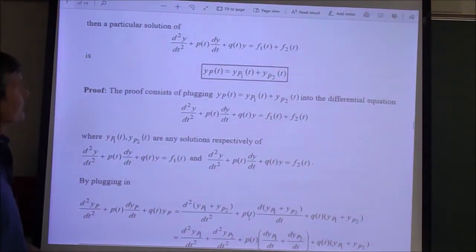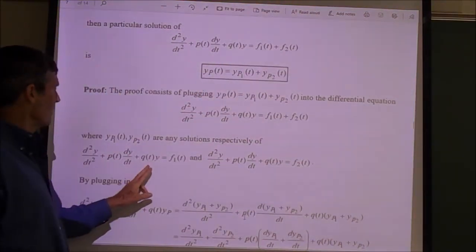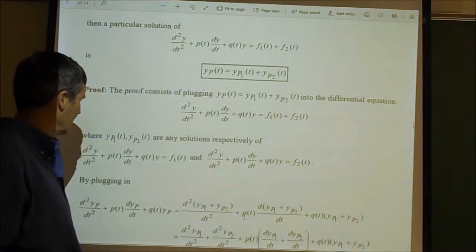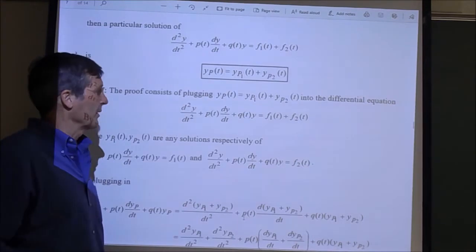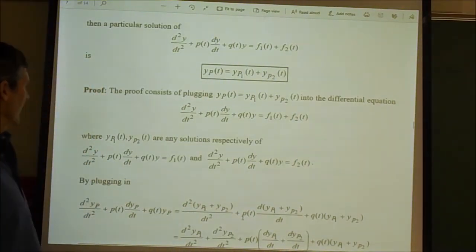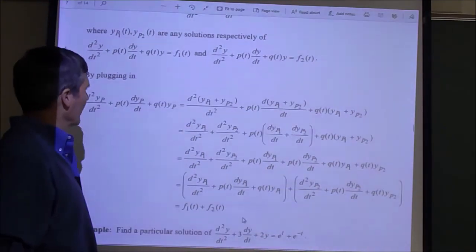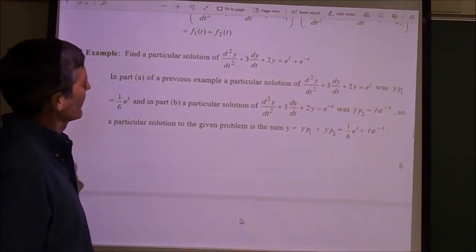The sum of those two solutions is a solution to the problem with the sum of the two functions on the right. And here's the proof. Let me not go through it again. It's very similar to the previous one. You can look at that.